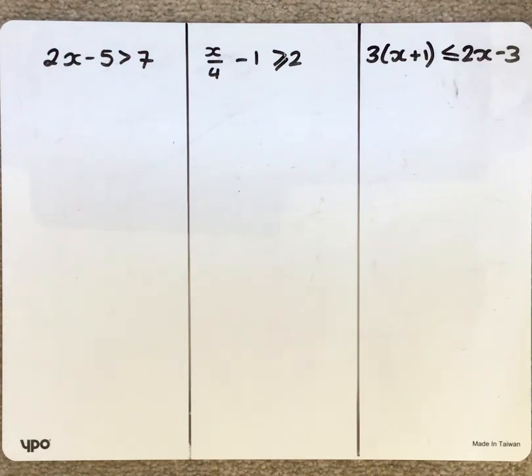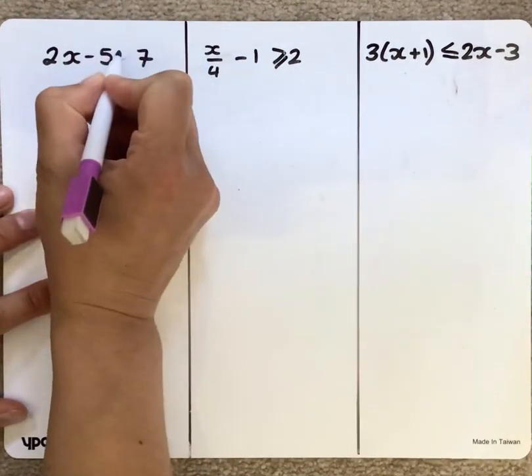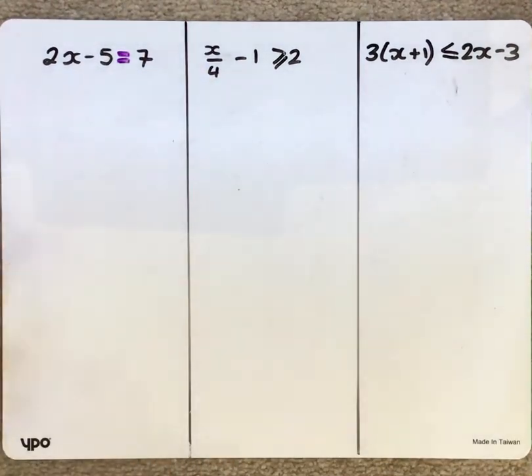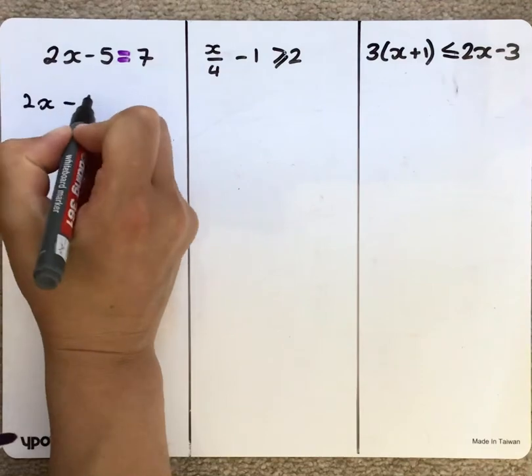Now this is very similar to when we're solving equations, when we have some information about x and then we work out what it tells us the number x is. So if this question was 2x minus 5 equals 7, what we would do is add 5 to both sides.